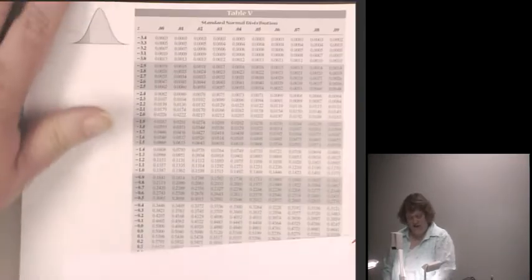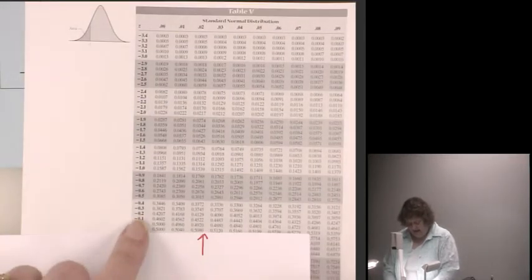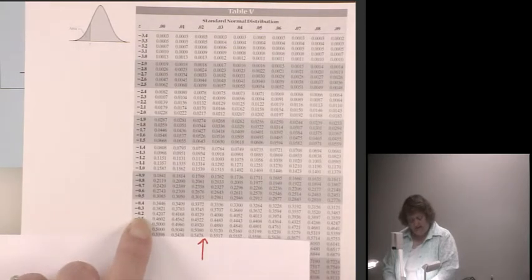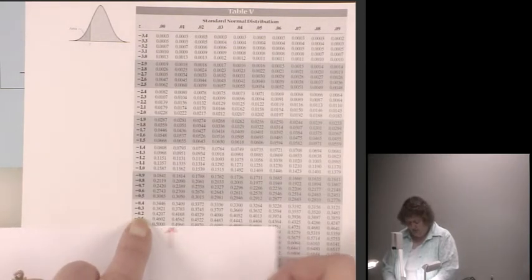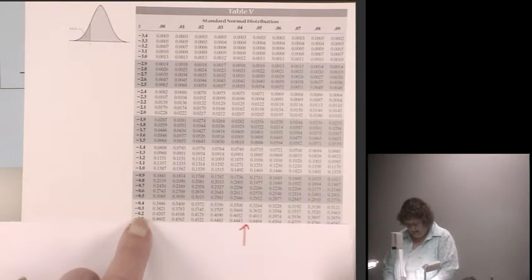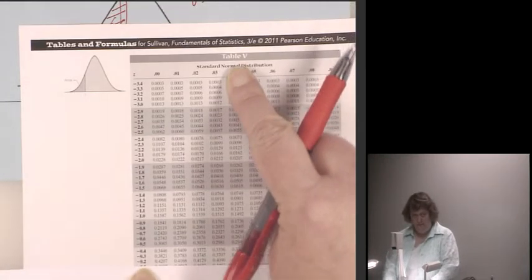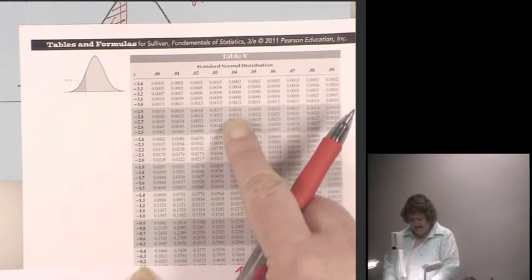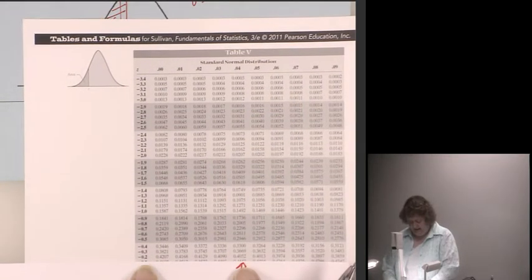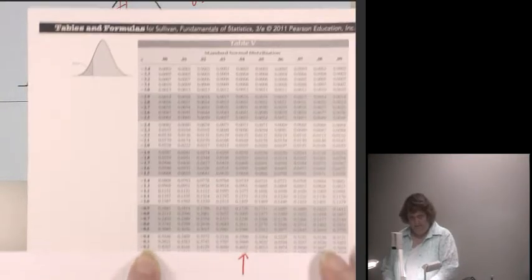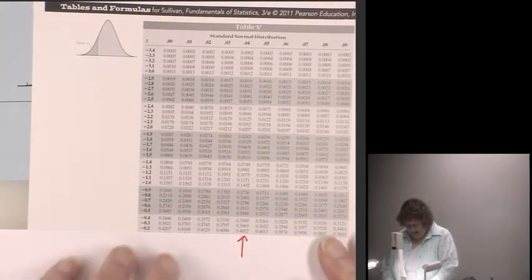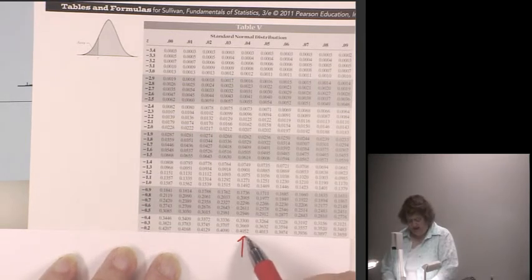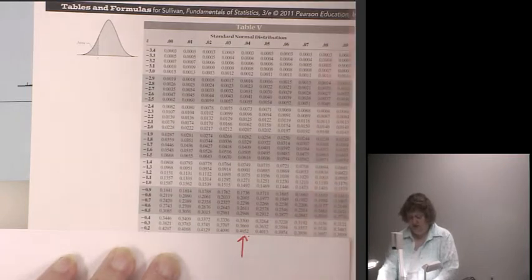At 0.2, we'll look up negative 0.2, and then we'll go to the 4 column, the last digit here, and then that gives me the negative 0.24. And gives me 0.4052.